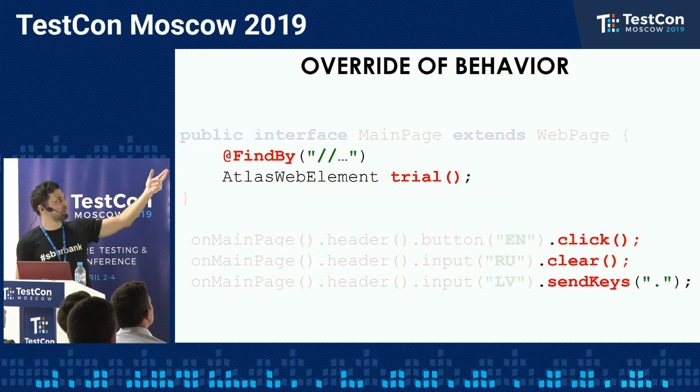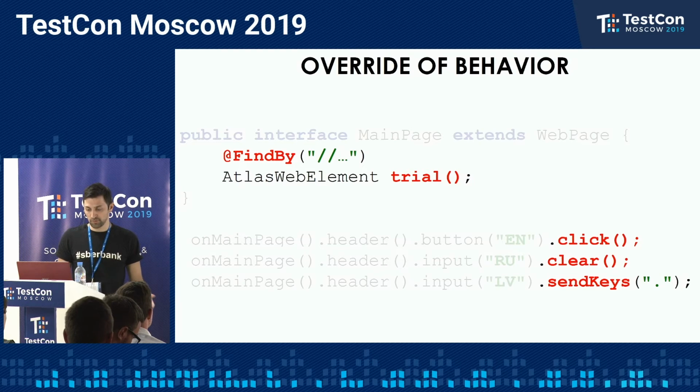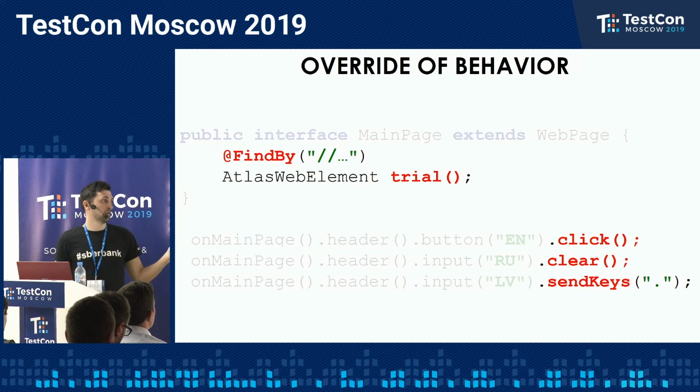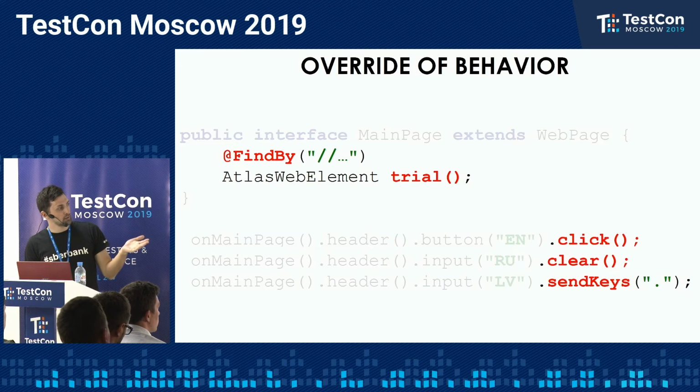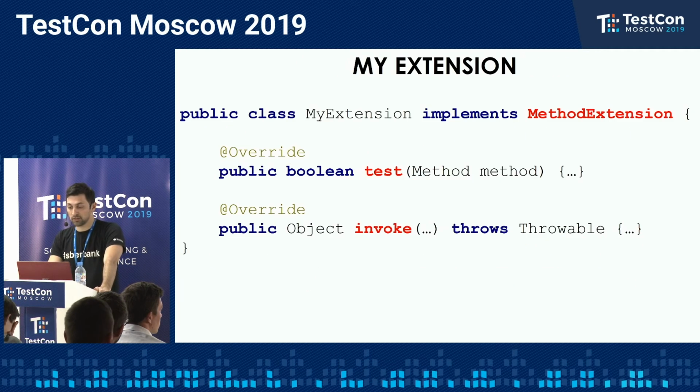What can you do? You can redefine the way we get locators. You can introduce your own notation, like find by in DB or any other notation, and add it to our elements. And you can redefine the standard methods for click, clear, and send keys.